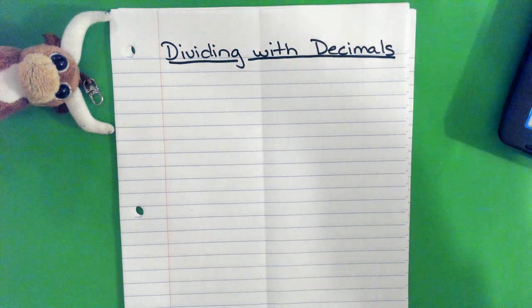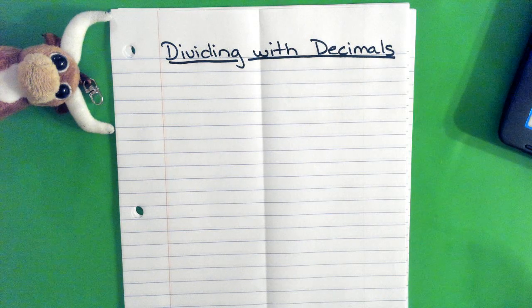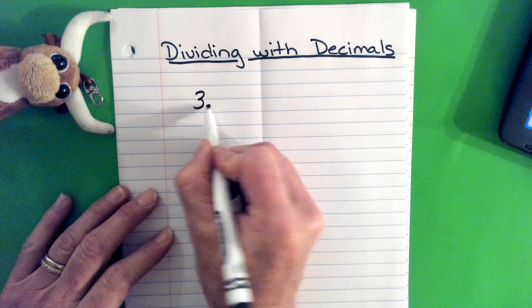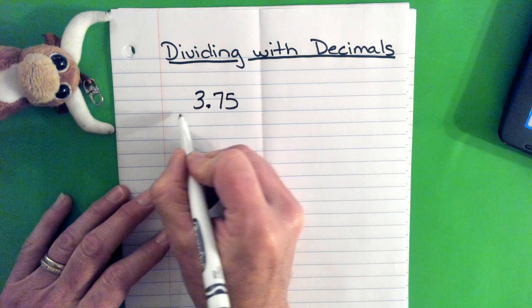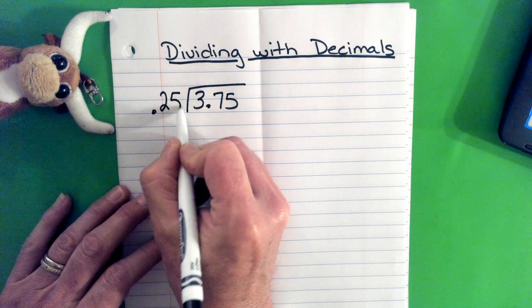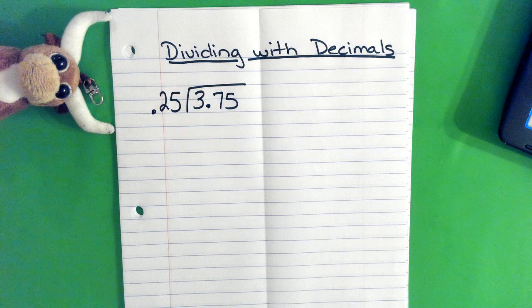Okay, let's think about a problem that is common sense. Say I've got $3.75 and I want to figure out how many quarters I have if all my money is $3.75.